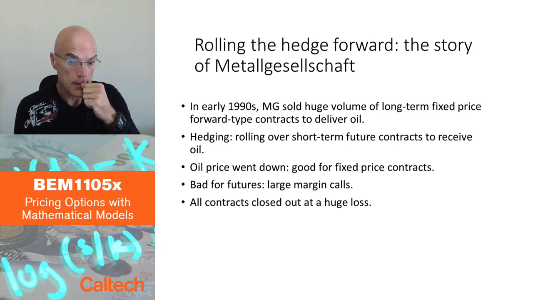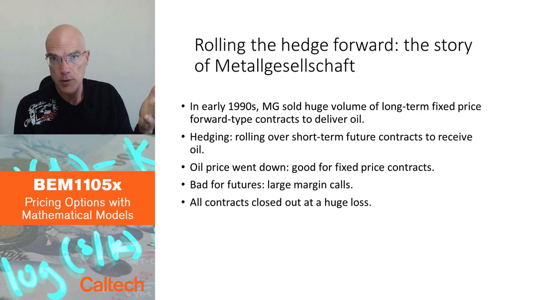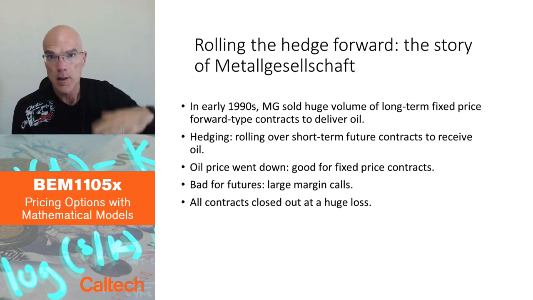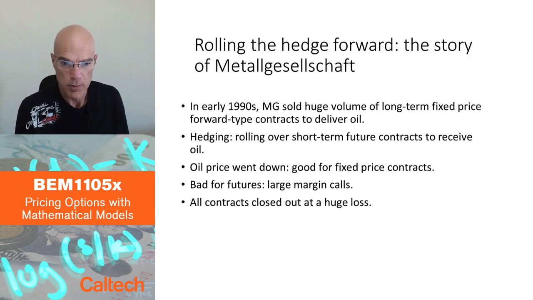And there was also pressure. It was a huge company and a huge contract. There was political pressure from the media. Media was talking about these huge losses that Metallgesellschaft experienced. So they were really under pressure to do something.